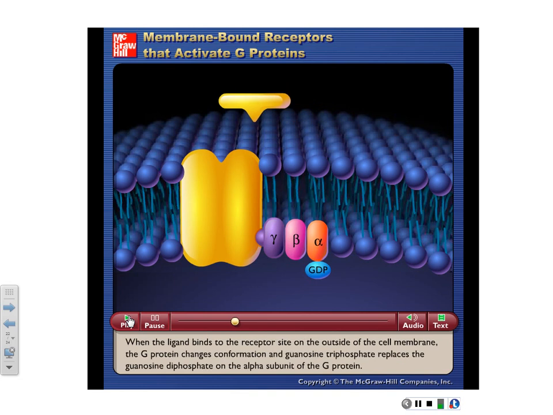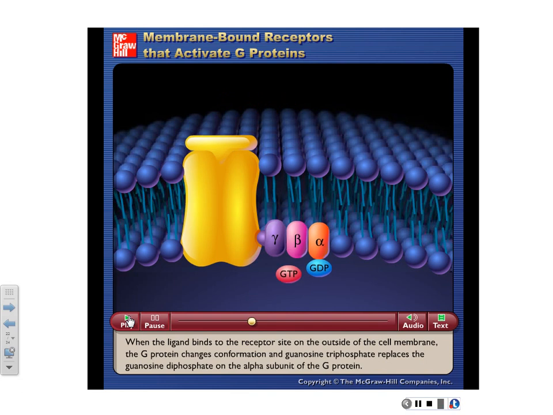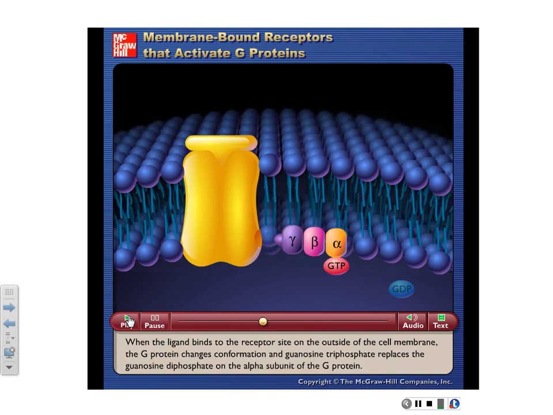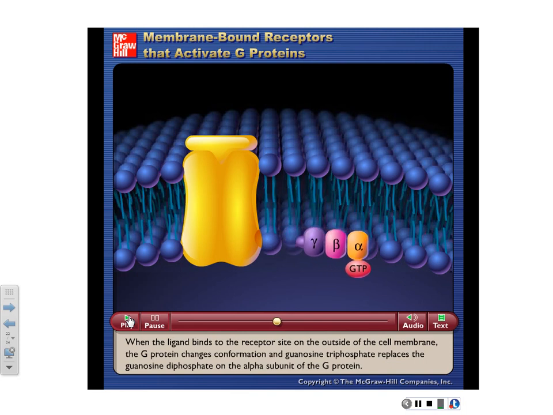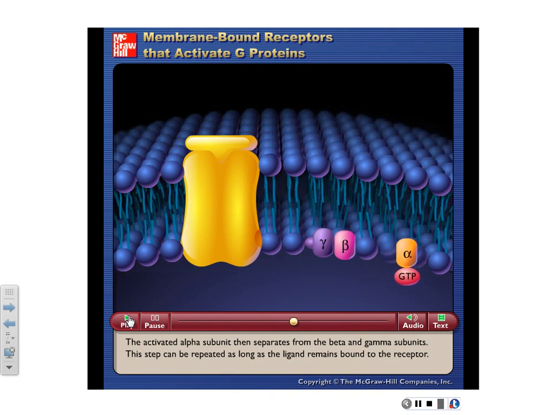When the ligand binds to the receptor site on the outside of the cell membrane, the G protein changes conformation, and guanosine triphosphate replaces the guanosine diphosphate on the alpha subunit of the G protein. The activated alpha subunit then separates from the beta and gamma subunits. This step can be repeated as long as the ligand remains bound to the receptor.